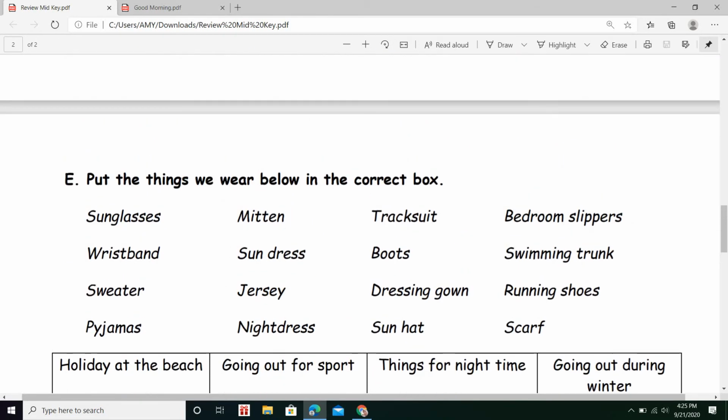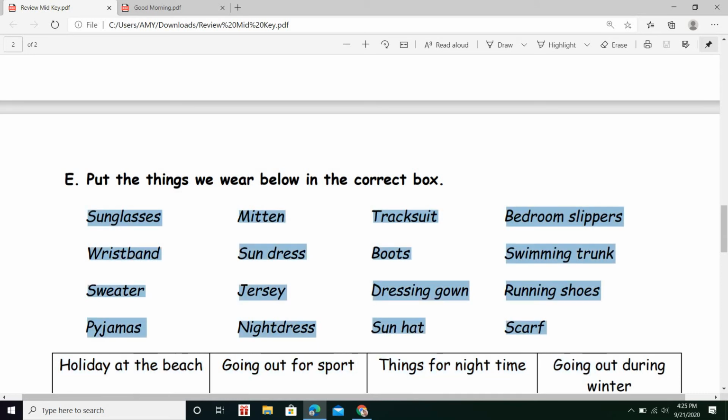In the word list, Miss gives you sunglasses, wristband, sweater, pajamas, mitten, sundress, jersey, night dress, tracksuit, boots, dressing gown, sun hat, bedroom slippers, swimming trunk, running shoes and scarf. So I want you to put them in the correct places.